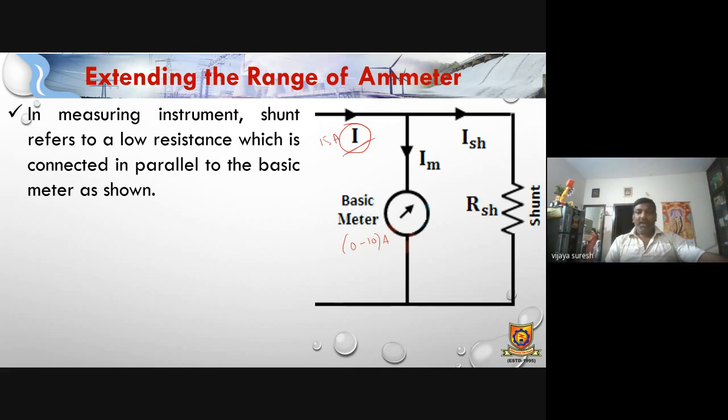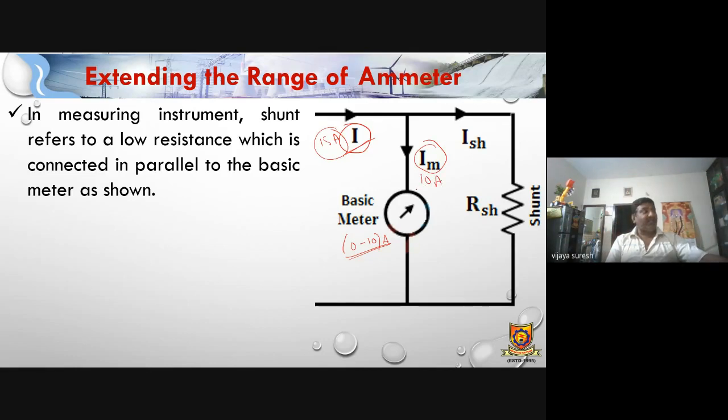Now what are we doing? We are giving 15 amps of input, but the meter is capable of measuring only 0 to 10 amps. So this IM is the amount of current flowing through the meter. M stands for meter. So the meter current is 10 amps, and this meter will measure up to 10 amps only.